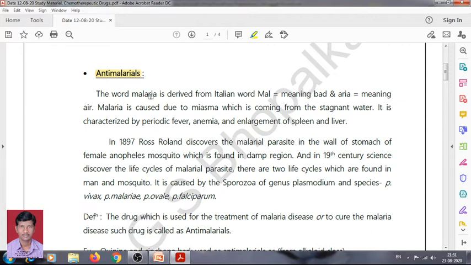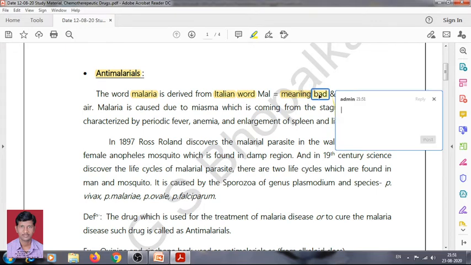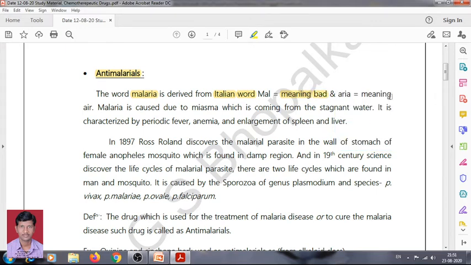The word malaria is derived from an Italian word: mal means bad, and aria means air. Means the malaria is caused due to the miasma or the smell which comes from stagnant water.